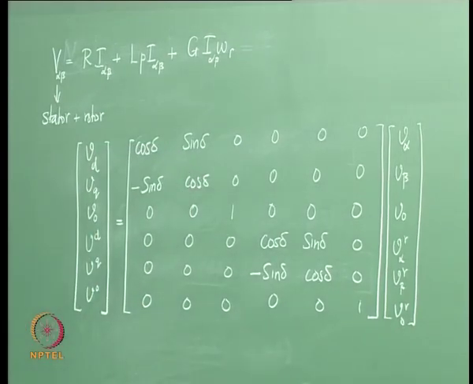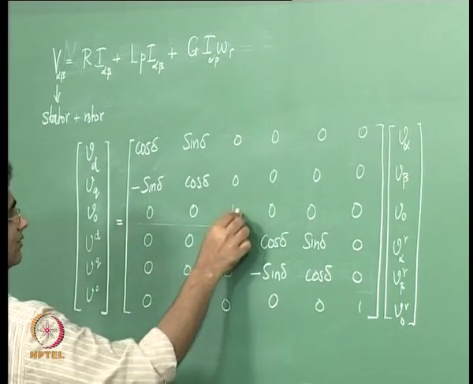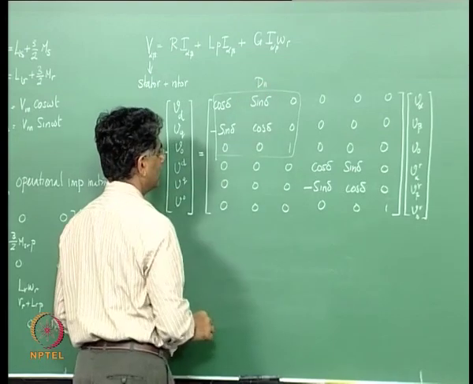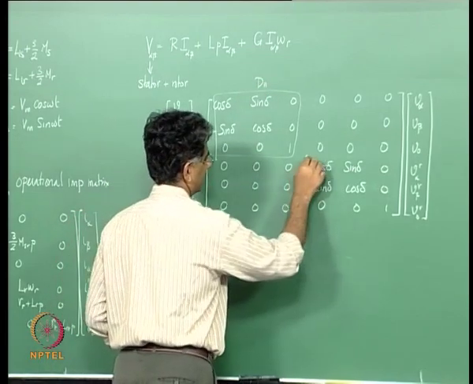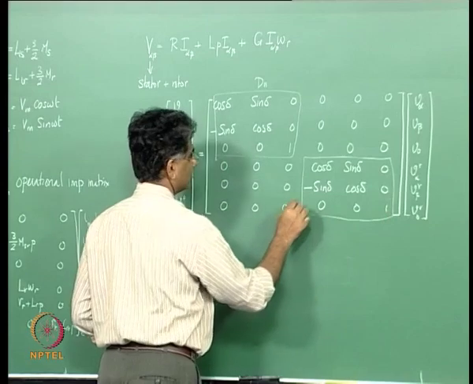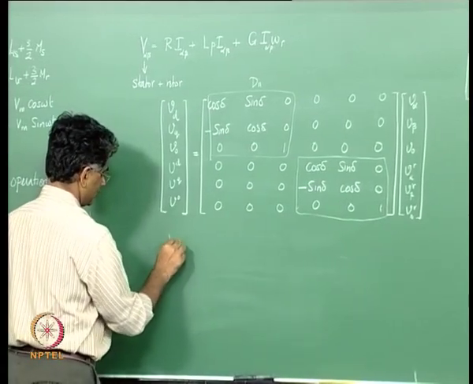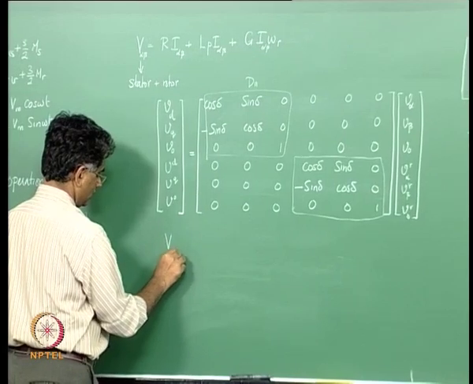So, that is the expression, and that is why we called this matrix D 1 1. So, that is the same as D 2 2 also. These are 0 matrices. So, what we can say is V dq.